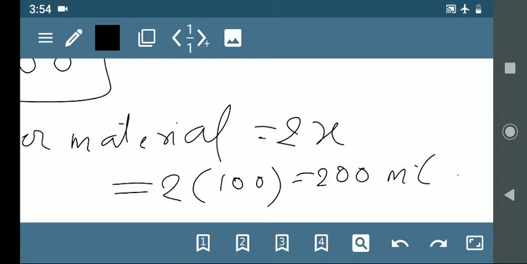Okay, dear students, he bought 200 meters of pant material. Similarly, how much is the shirt material he bought? 3x, 3 into 100 is 300 meters of shirt material.